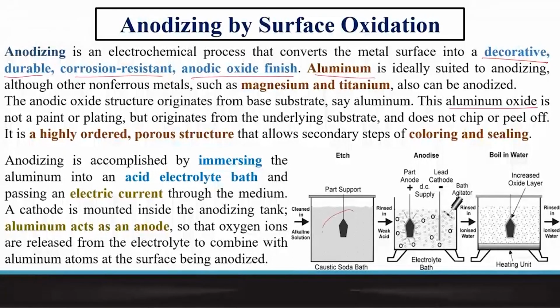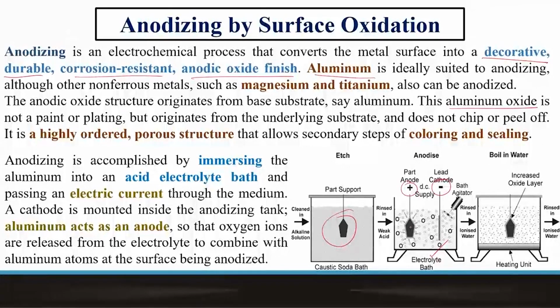So we first clean in a typical caustic soda bath and make it absolutely clean. And then we take it to an electrolytic bath, typically where we have the two electrodes, the anode, positively charged, and the cathode, which here is a lead cathode, negatively charged.